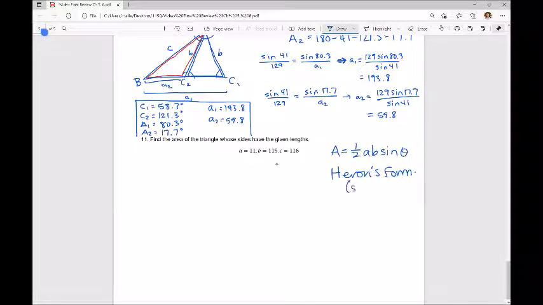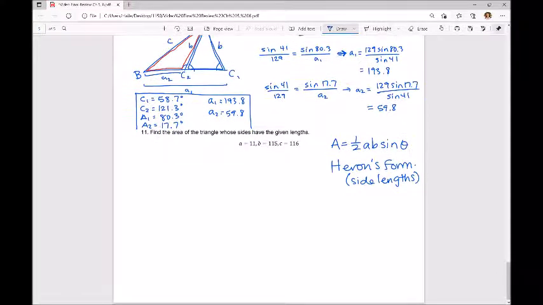And this one dealt with side lengths. Depending on what you're given in your area problem determines whether you're going to use the first formula or the second formula. In this one we were given 3 side lengths, so I'm going to use Heron's formula. That's not to say that you couldn't use the other one, but this one would be a lot easier.